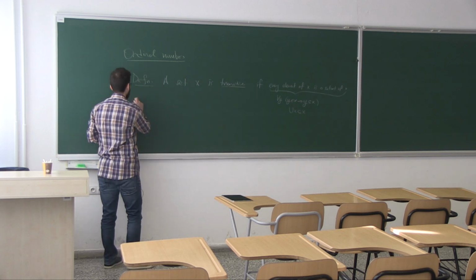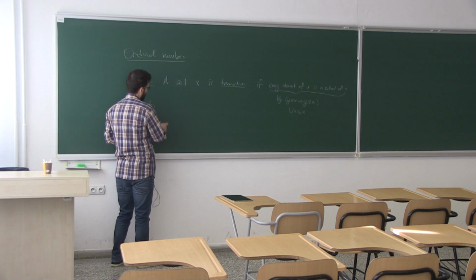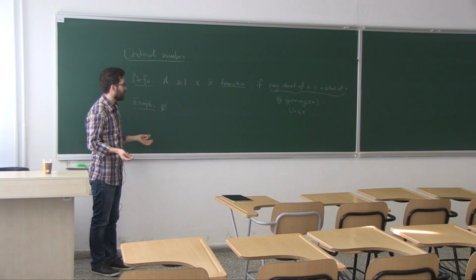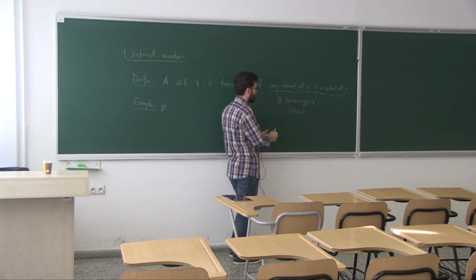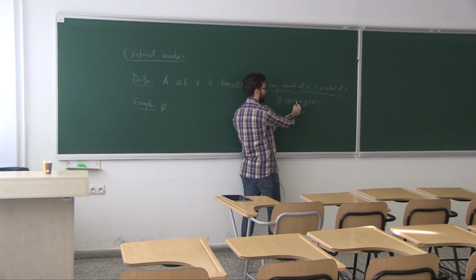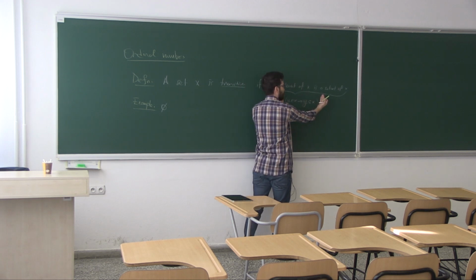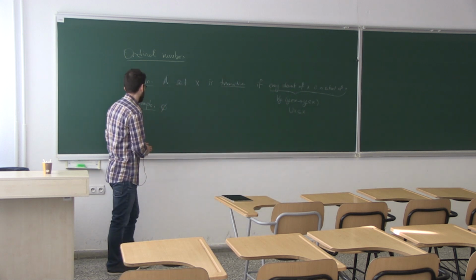Now what are examples? The empty set is transitive for trivial reasons because the empty set has no elements, which means that if you put the empty set for X in here, this part is automatically false, therefore this implication is automatically true. We have a vacuous truth.